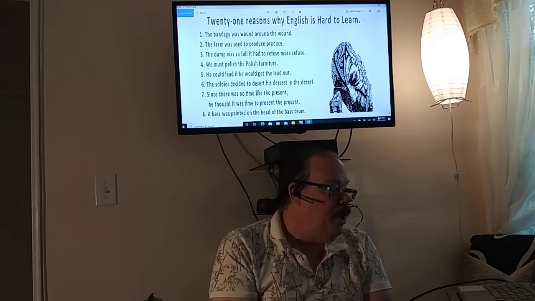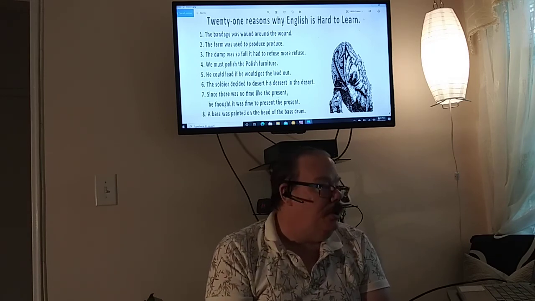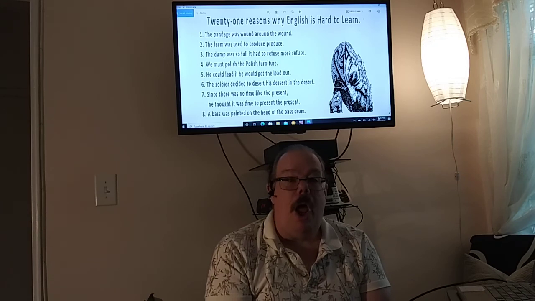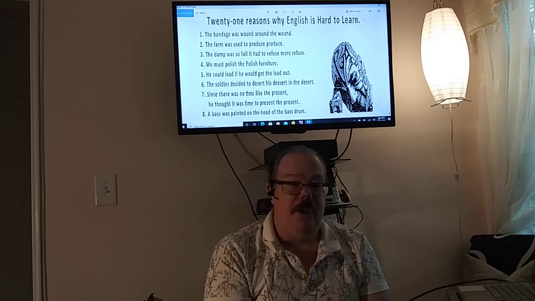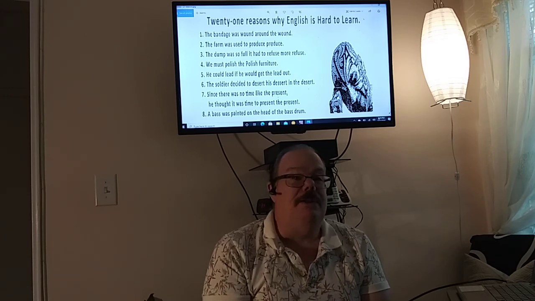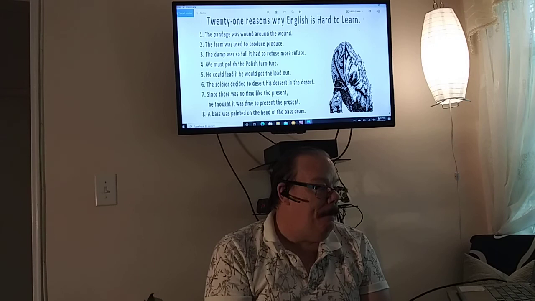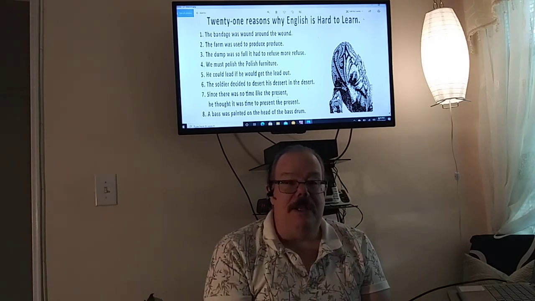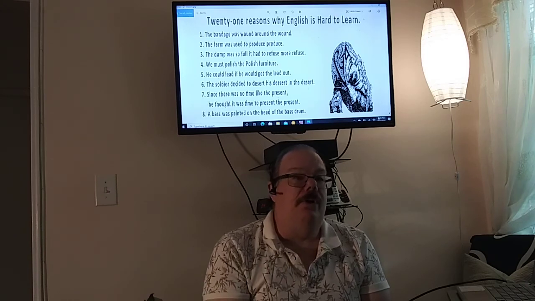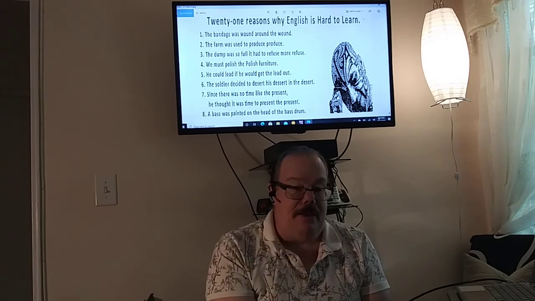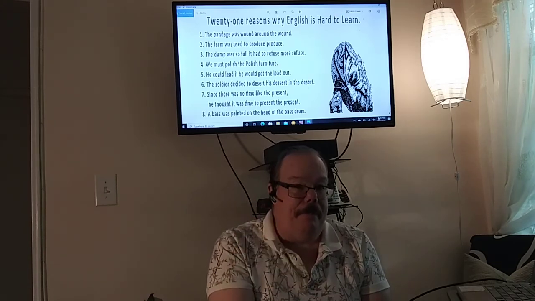Number 2, the farm was used to produce produce. See, both of them are different. The first one is a verb. It means to make. The second one is a noun. It means vegetables and milk and stuff like that are made by people.